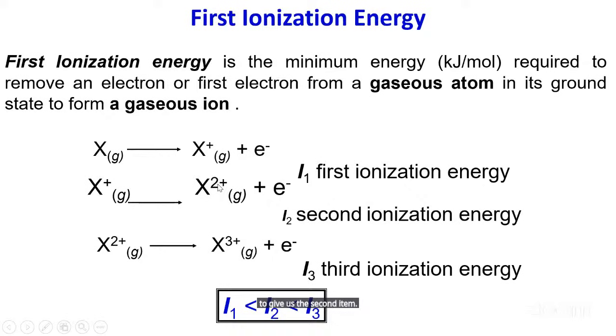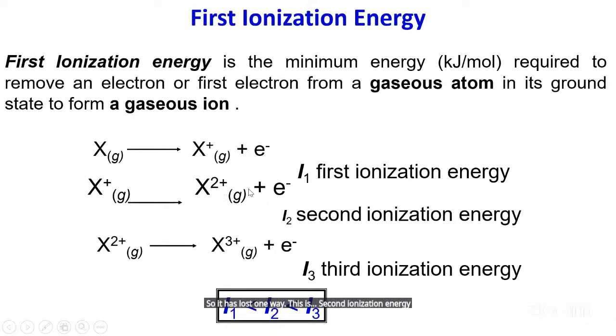So this is now more electron deficient. It has lost one more electron. This is the second ionization energy.